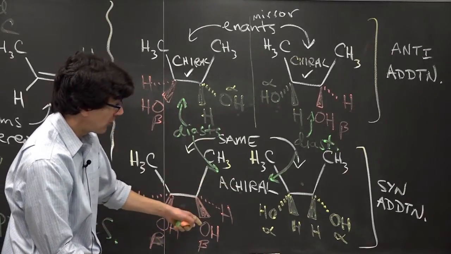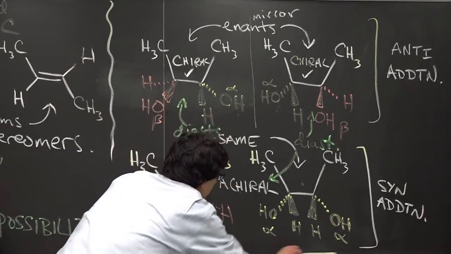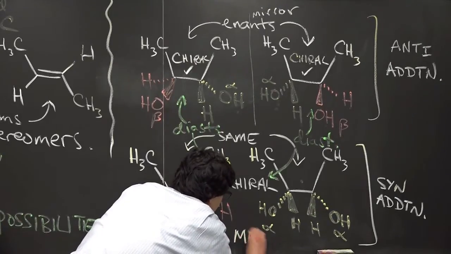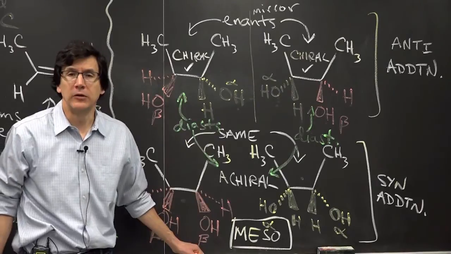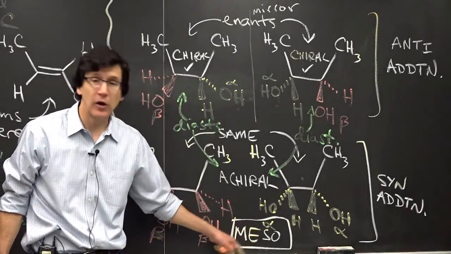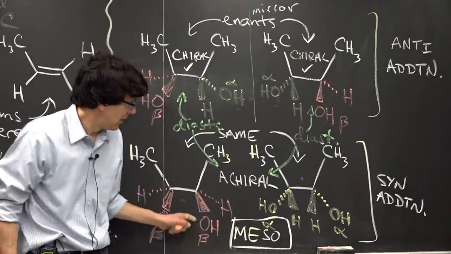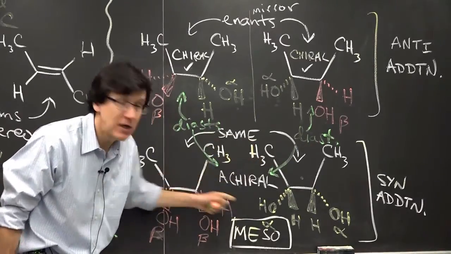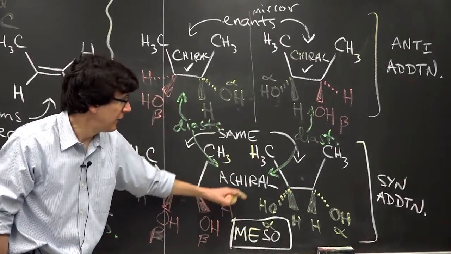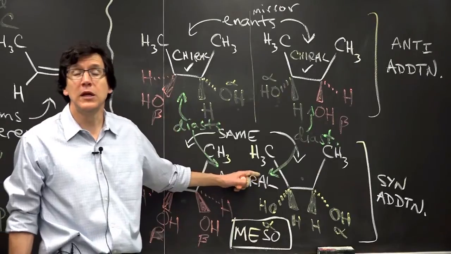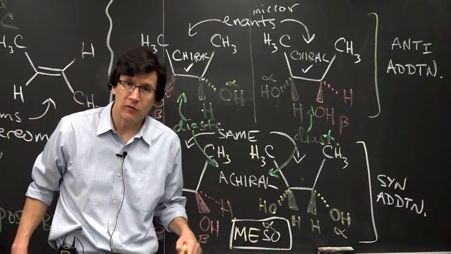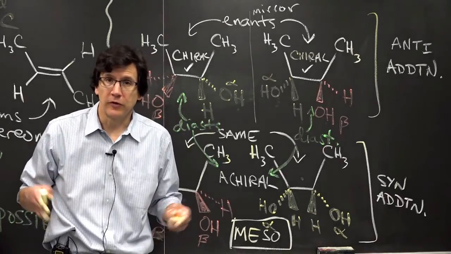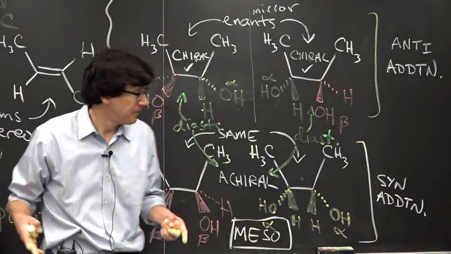This type of situation, this type of compound, is referred to as a meso compound. All right? M-E-S-O, not like the soup. And so this compound right here, and there's just one compound, is called a meso compound because it is an achiral member of a larger set of stereoisomers, which also includes some chiral members.